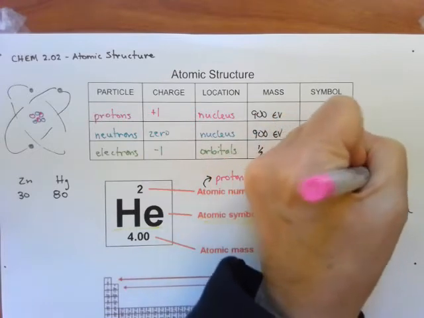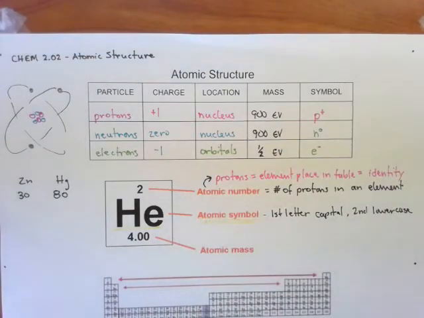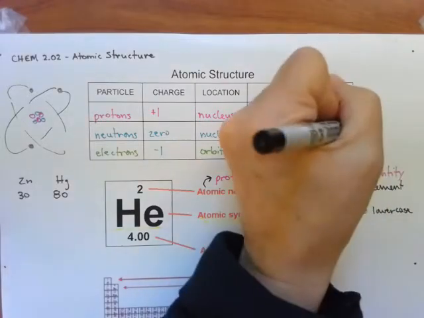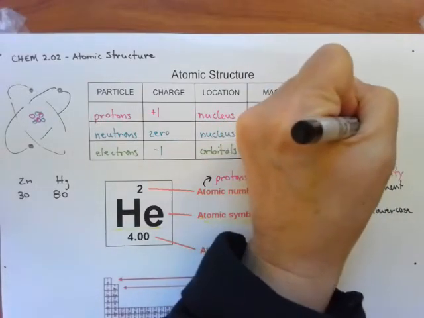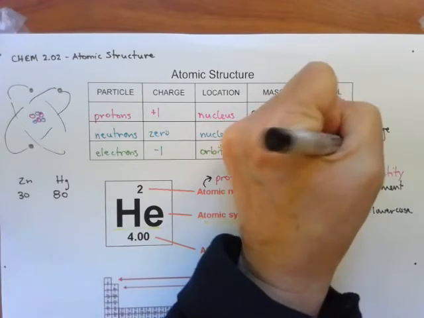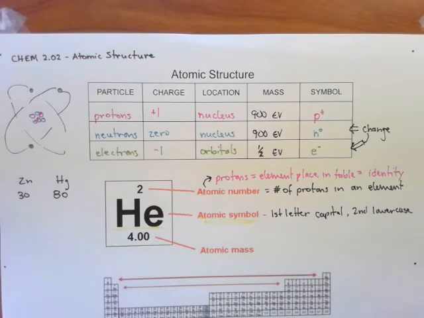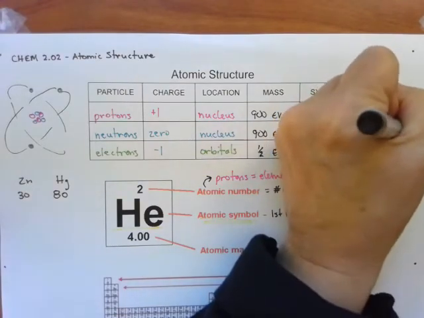And in a sense, its identity. We can change the number of neutrons and have the same element. So this can change. And this can change. And you can still have the same element.